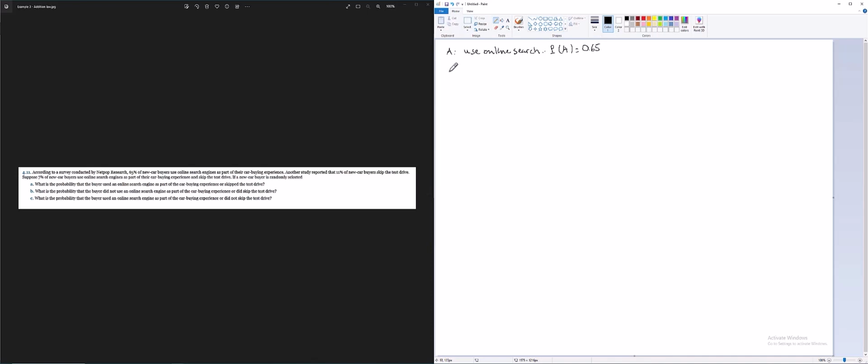The second event, let's call it B, is the event that a car buyer will skip the test drive, and the probability of B is 11% or 0.11.